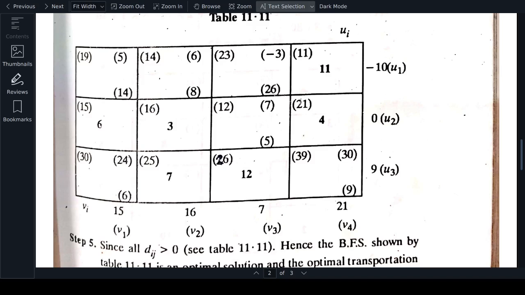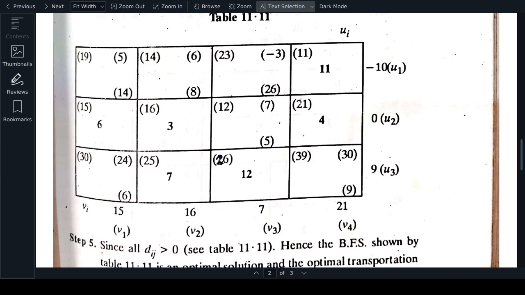Then C24 is 21, so U2 plus V4. Ultimately, 15 equals U2 plus V1, and U2 is 0, so V1 equals 15. Then V2 equals 16, and V4 equals 21.